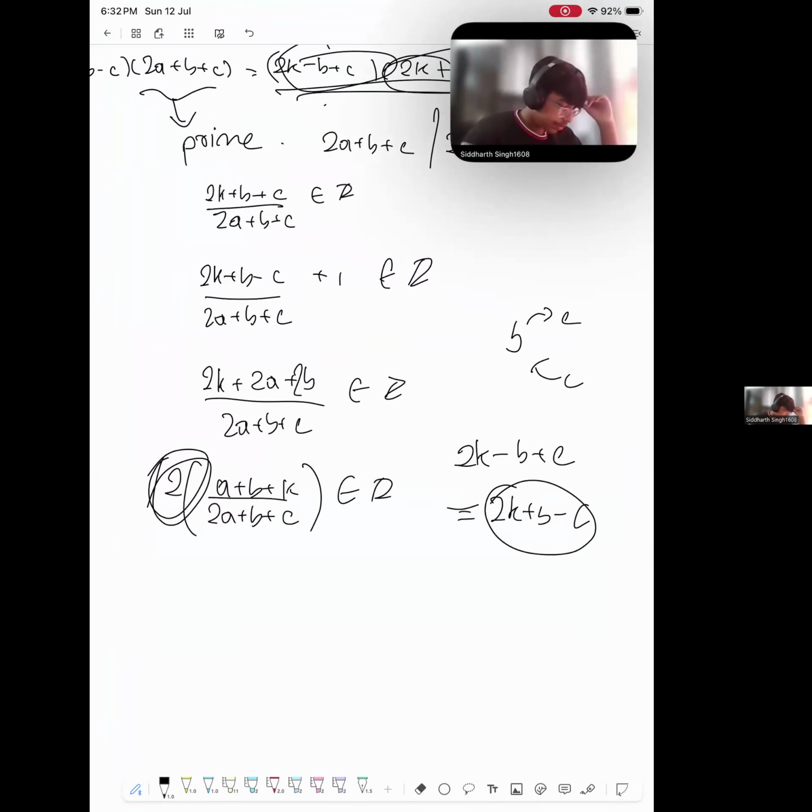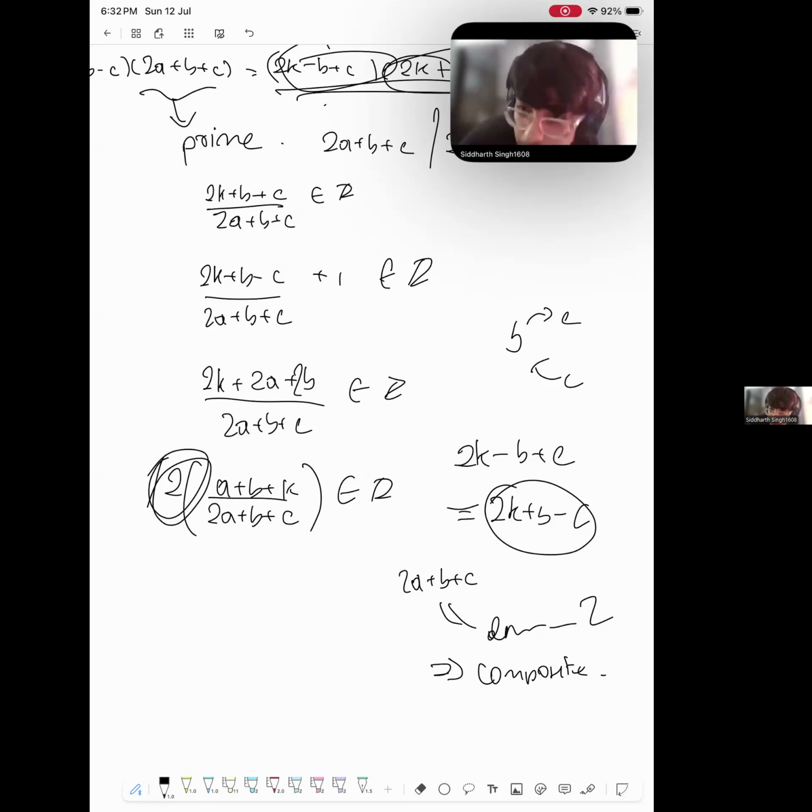So this entire thing, 2a plus b plus c, would be divisible by 2 and hence composite, hence also greater than or equal to 4. You have to write up these details whenever you write up on paper, because that's important. Usually those lead to docks in contests like RMO and stuff. So keep that in mind.